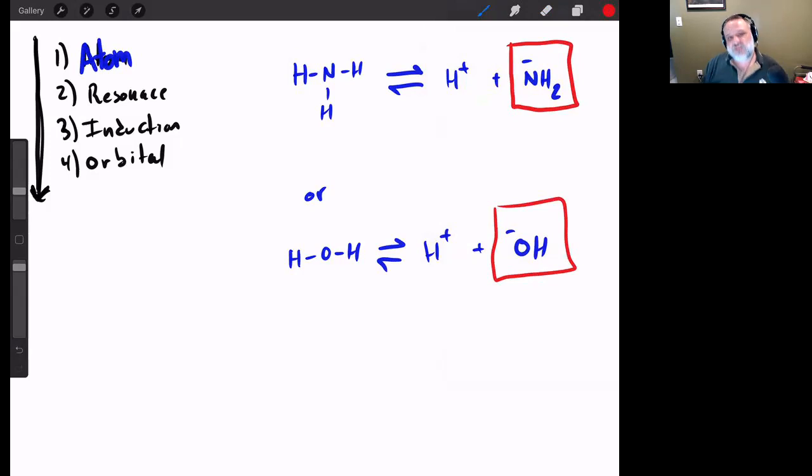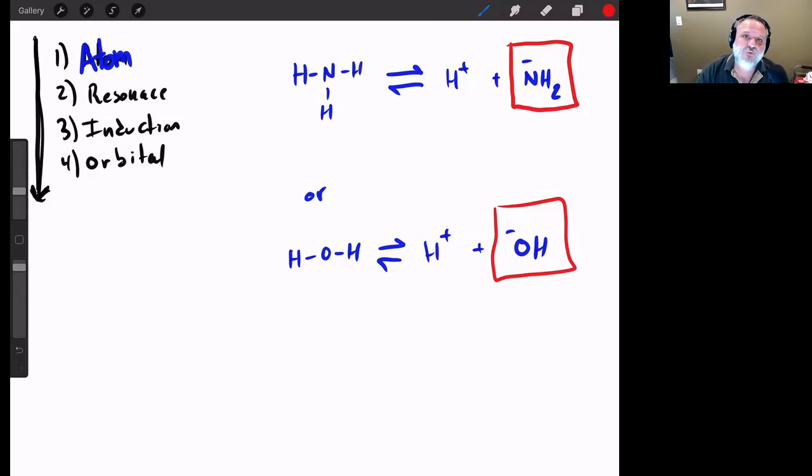So what we're going to say is that a negative charge is more stable on an atom that's more electronegative. So if I take a look at oxygen, I say to myself, it's more electronegative than nitrogen. So the negative charge is more stable on the oxygen than it is on the nitrogen.